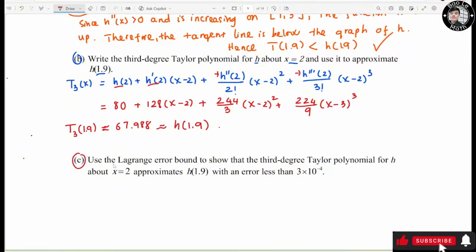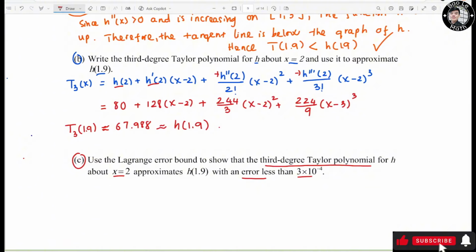Question C. Use the Lagrange error bound to show that the third degree Taylor polynomial for the function h about s equals 2 approximates h of 1.9 with an error less than 3 times 10 to the negative 4.